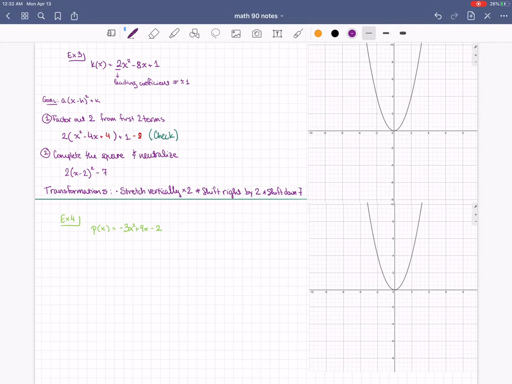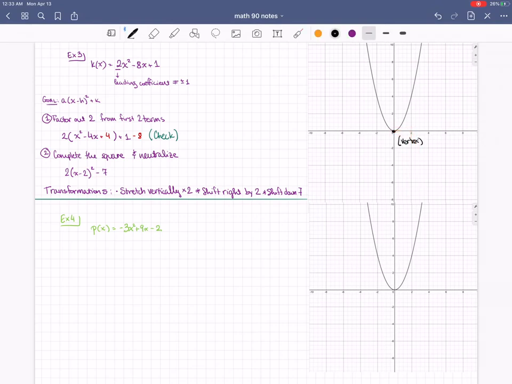Our vertex started at the origin, right? Here is the vertex of the original function. So when we shift that right 2 and down 7, we end up there.